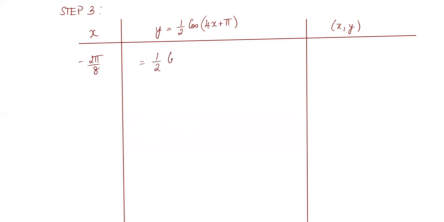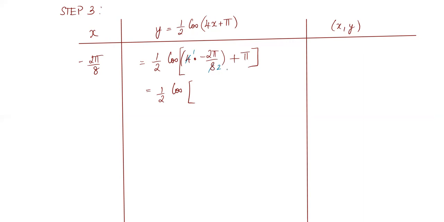So this is half cosine 4 times negative 2 pi over 8, right? So 4 times that x plus this pi. Please be very, very clear. I like to use brackets when I have additional computation inside the angle, and give it the space it needs. Don't try to squish your work. The 4 and the 8, there's always going to be that 4 that cancels off with the 8, so there will always be a 2.